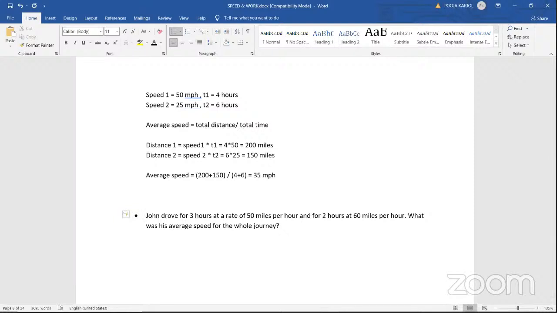Ma'am, what is the conversion for miles to kilometers? No, they have asked for just miles per hour. No need to convert. Okay. The options are also in miles per hour.